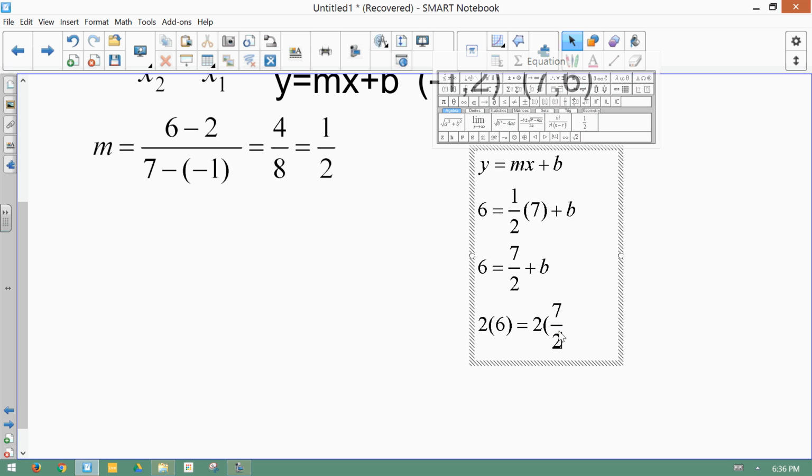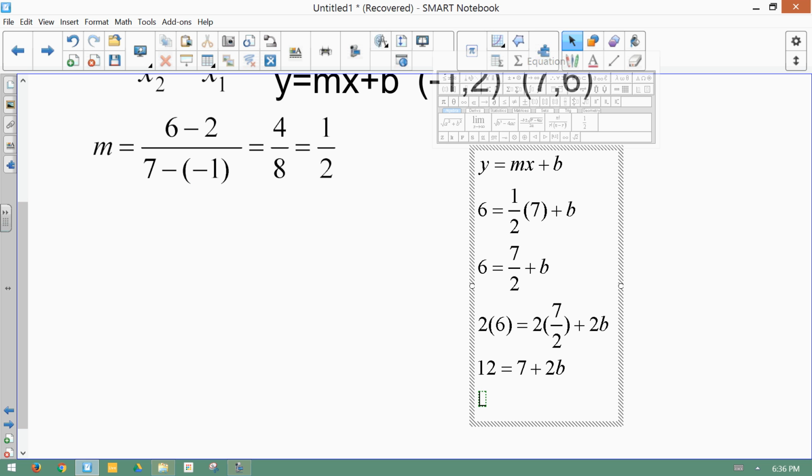Plus b. Still don't know what b is, but we have to multiply it by 2 as well, because we multiply everything by 2. When we do that, that gives me 12 equals 7 plus 2b.